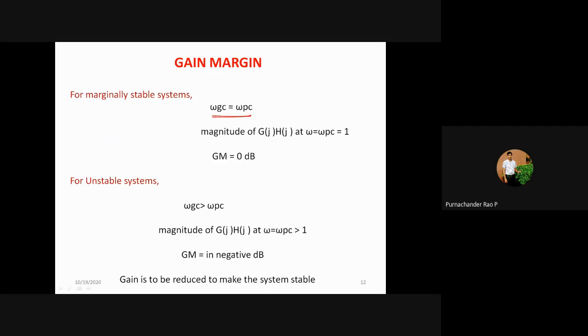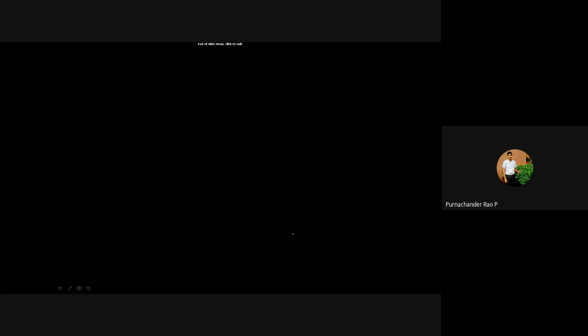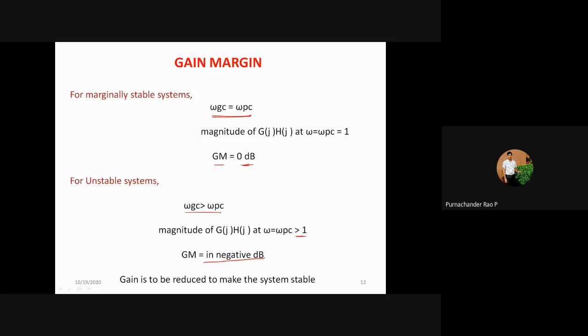Both are equal, and the gain margin should be equal to 0. And for unstable systems, we obtain that ωgc is greater than ωpc, and the magnitude is greater than 1. Gain margin is negative. So this is the way of obtaining the stability from the Bode diagrams.